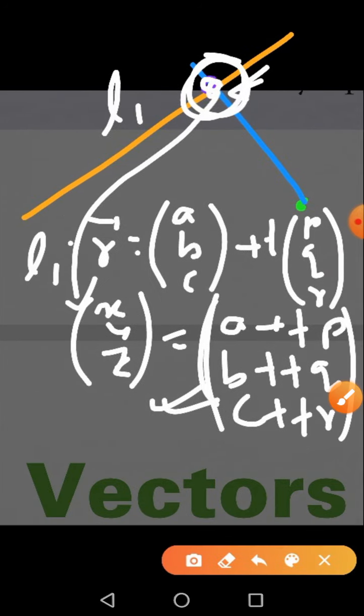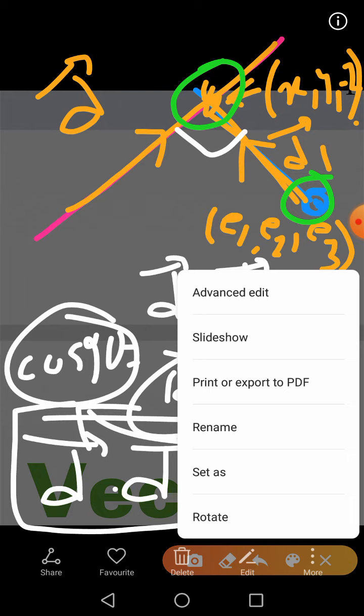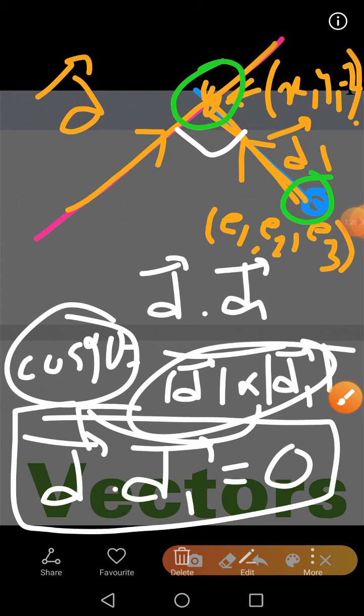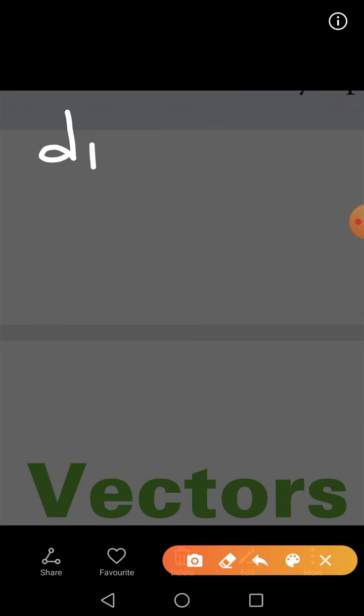Now let's find the d1 over here. The direction vector d1 has to be equal to the difference in the extreme points.